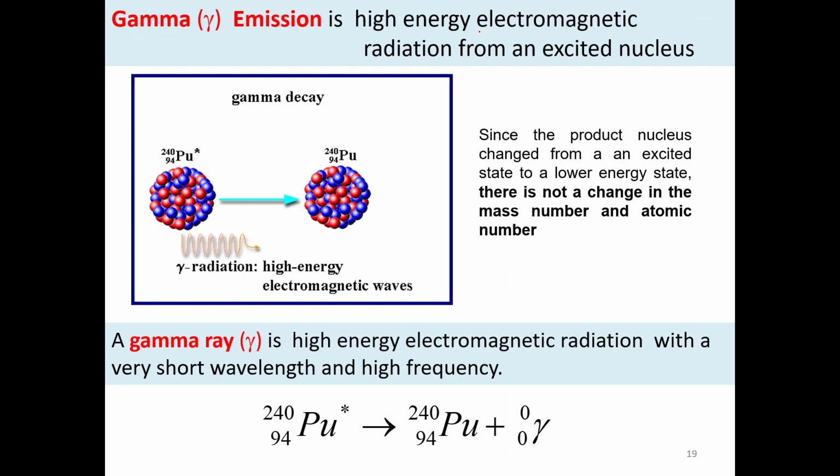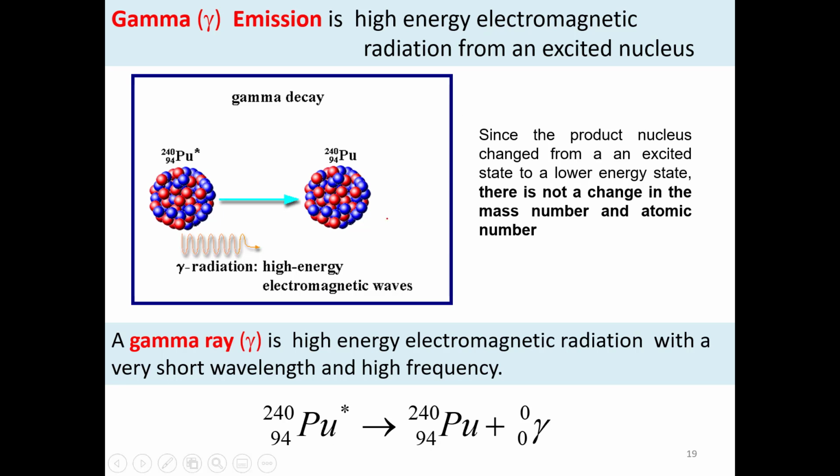Then the last nuclear reaction we want to discuss is gamma emission. Gamma emission is high energy electromagnetic radiation from an excited nucleus. And again, in all these different radiations, the nucleus ejects particles or emits energy to be more stable.